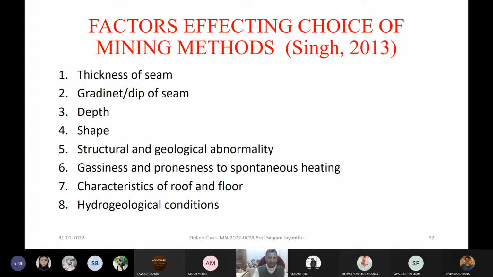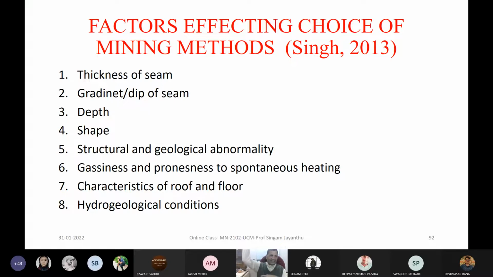I will break just within one minute after explaining this context of only the gradient issue. So that means if it is a flat seam and even if it is thick, then many options are open to you. That means now you can even go for board and pillar, longwall, it doesn't matter. Again, other conditions you have to look into.